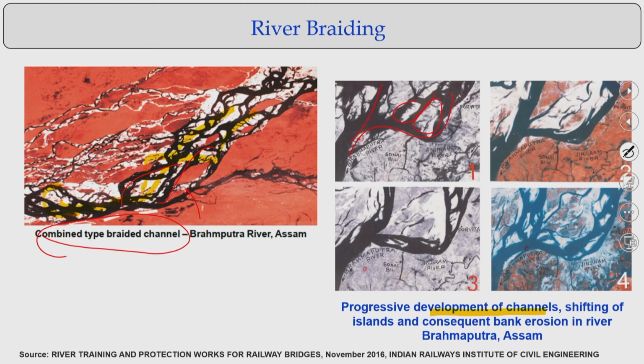Next, looking at the channel here, there are a lot of sand depositions and the islands are not there. Then further on, these two channels are activated and islands are again forming in between. Going further, again there are channel formations and again island formations.